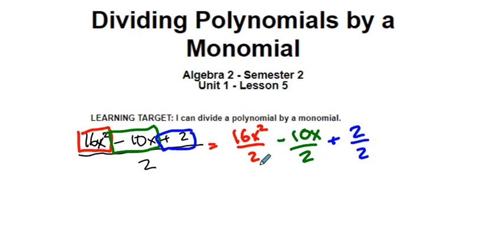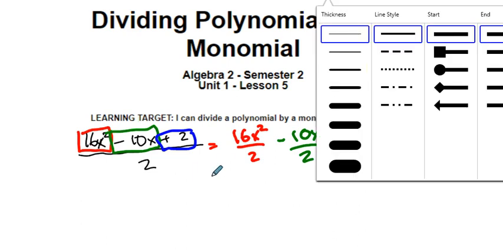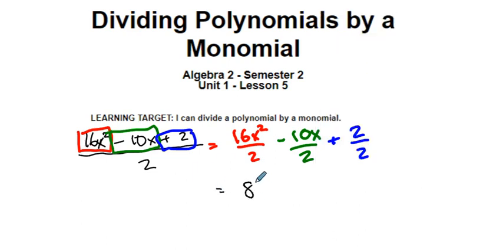Then you simplify it, doing what you know how to do: 2 goes into 16 8 times, and 2 goes into 10 5 times, and into itself once. 2 goes into itself once in each case. So then you have a simplified polynomial.